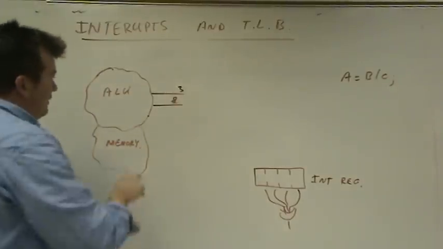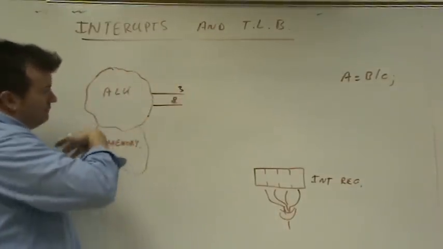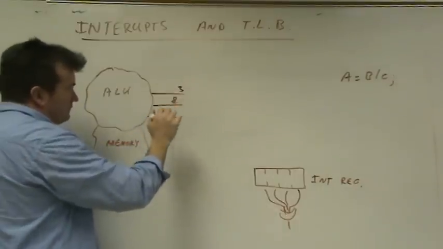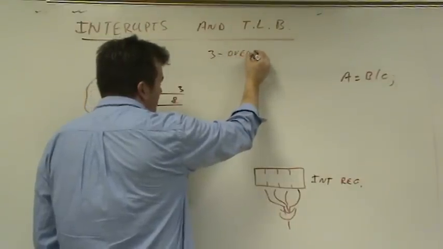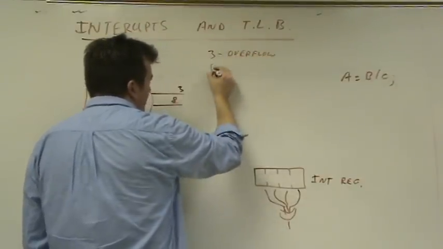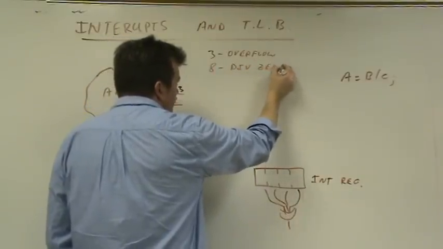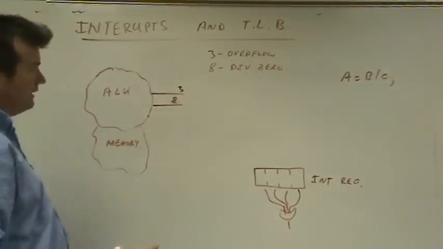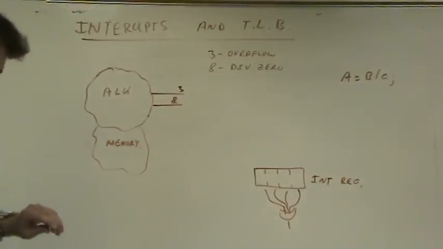Okay, so if the ALU sends electricity out of here, the ALU detected, let's say 3 means overflow, and 8 means divide by 0. So if electricity comes out of here, we detected an overflow. If electricity comes out of here, we've detected a divide by 0.